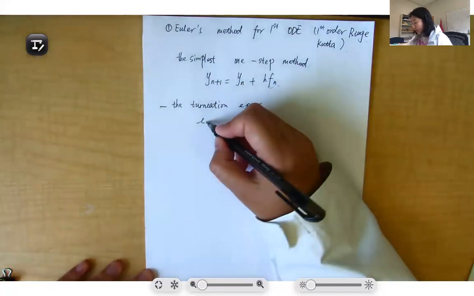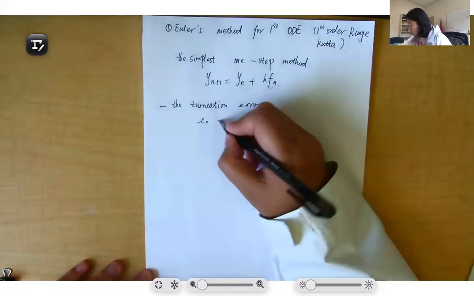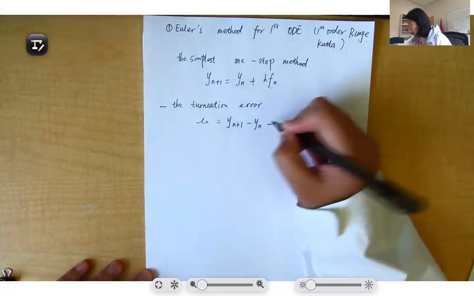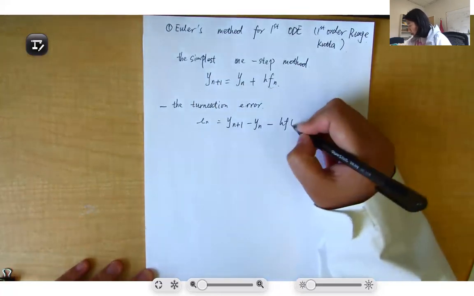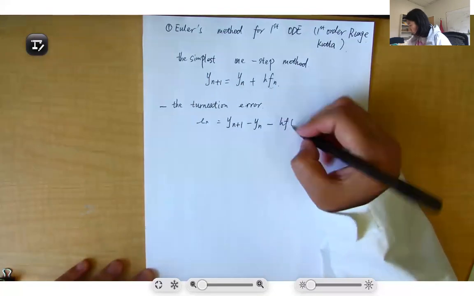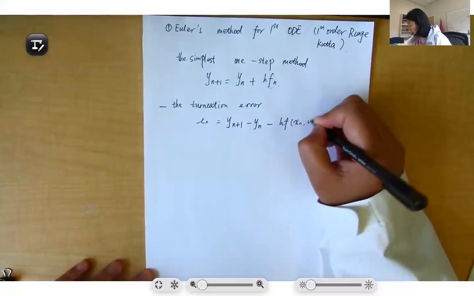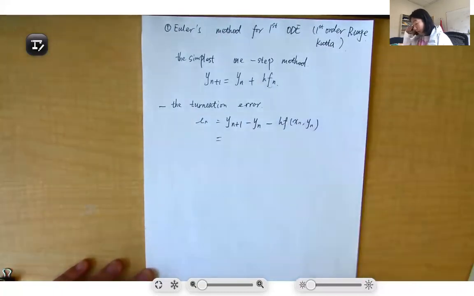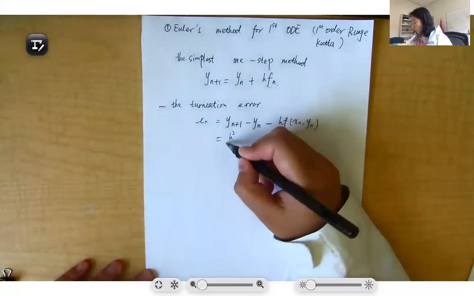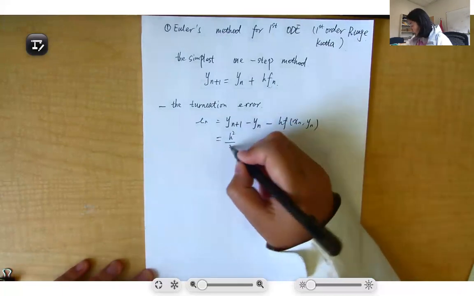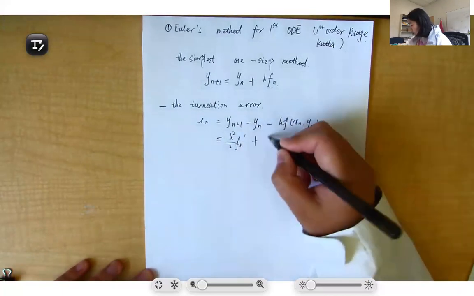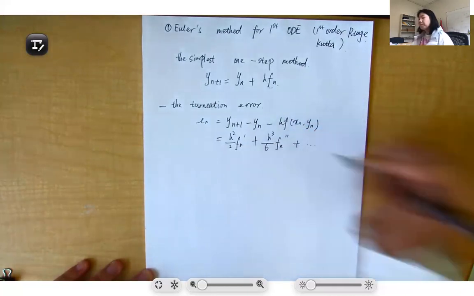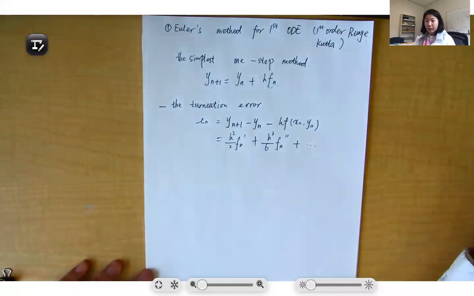So at step n, tau n will be equal to y(n+1) minus yn minus h fn, which is f of xn, yn, right? And what is left will be h squared over 2 fn prime plus h cubed divided by 6 fn double prime plus dot dot dot. So that is our truncation error.